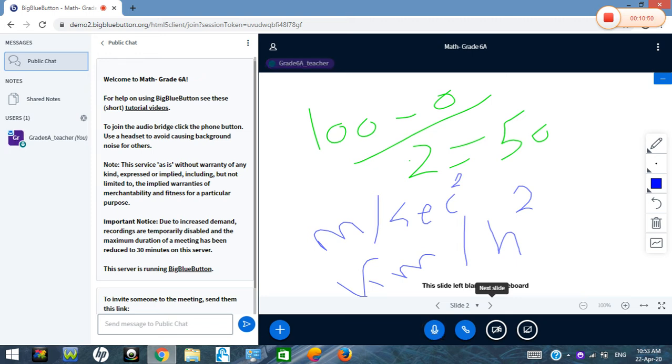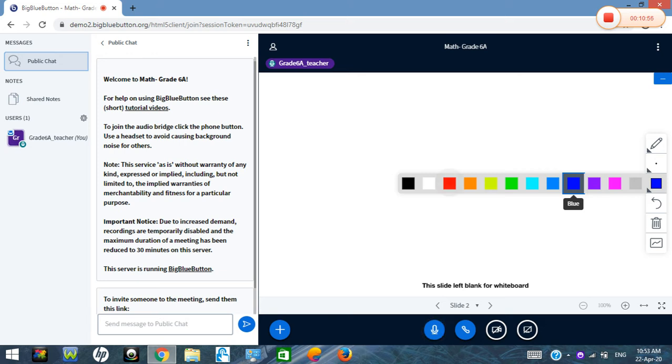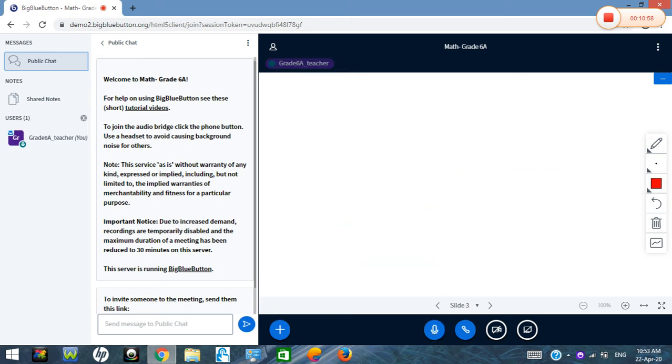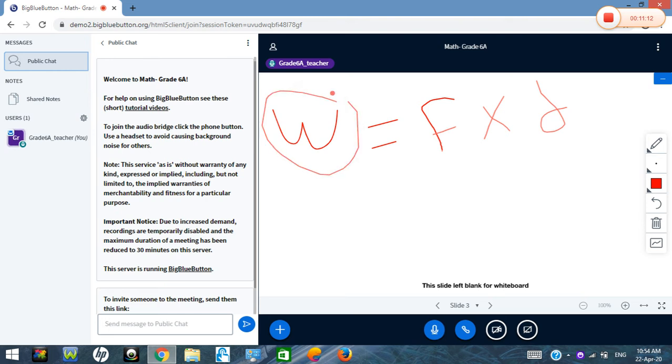The next law is work. Work equals force multiplied by distance. Work equals force multiplied by distance.